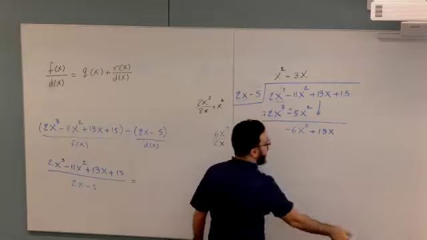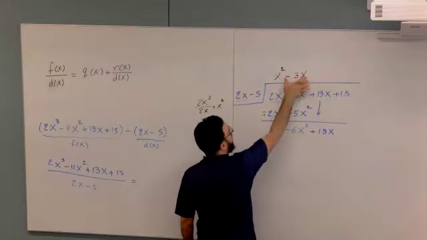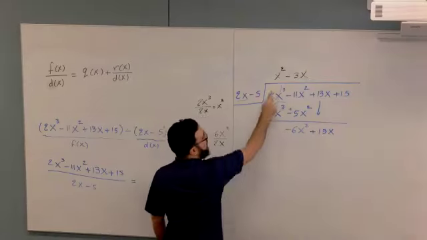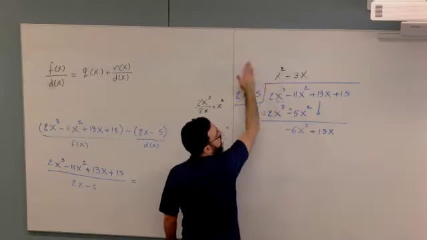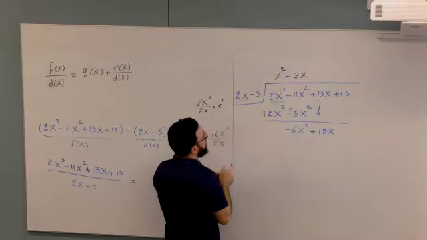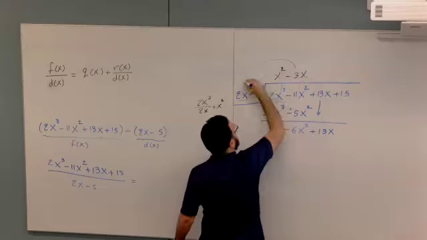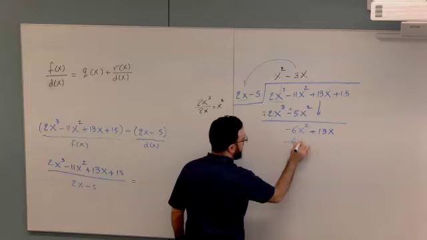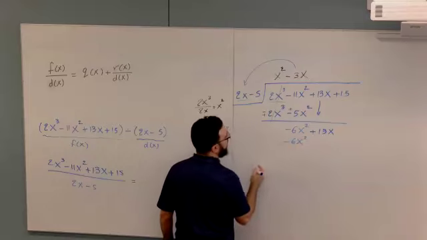You're going to multiply the whole thing. Be careful. You're going to multiply x squared. This is done. New step is negative 3x. Negative 3x times 2x will be negative 6x squared.